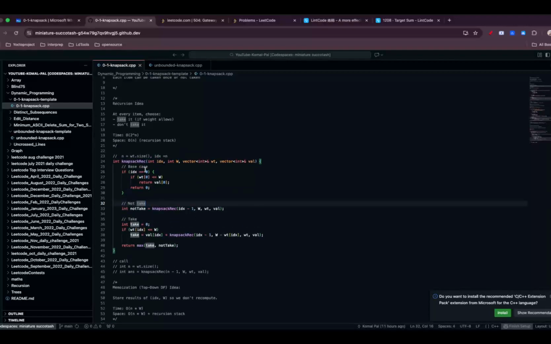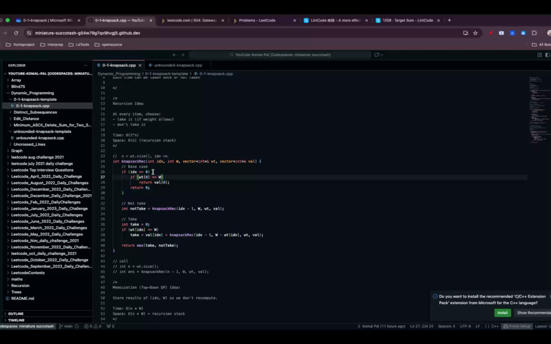Here, the base case will be if index equals 0. We are starting from the last index, so index equals n, and n equals weight.size. Even if we don't know the sorting order of the weights, ascending or descending, we are just starting from the end.